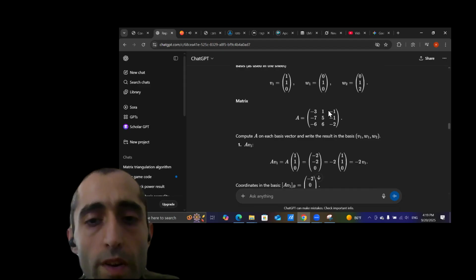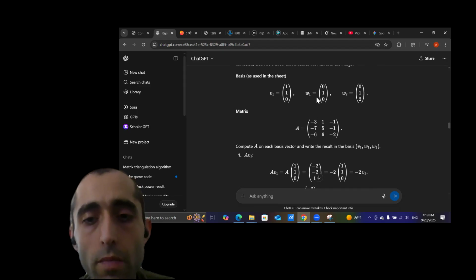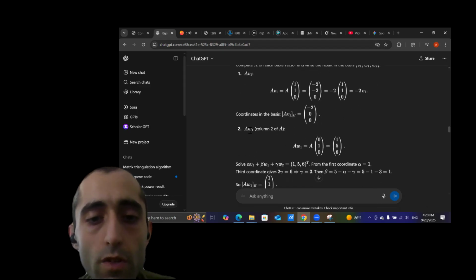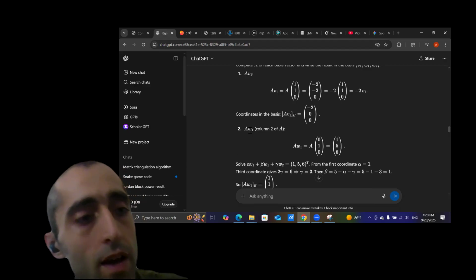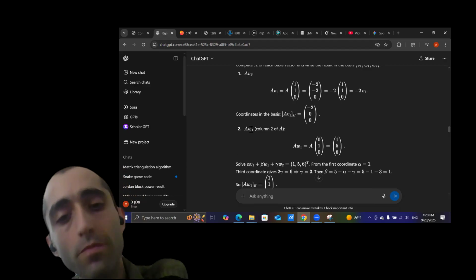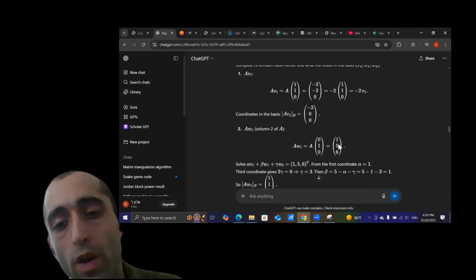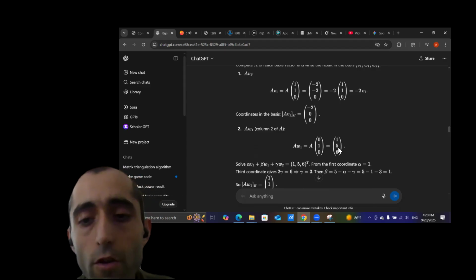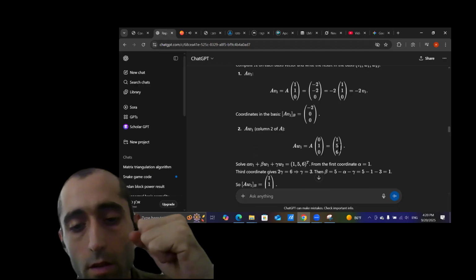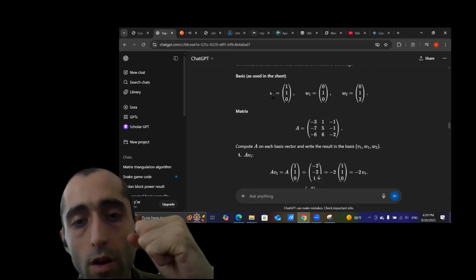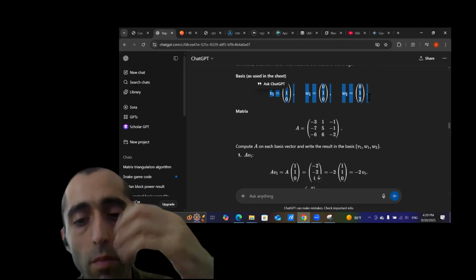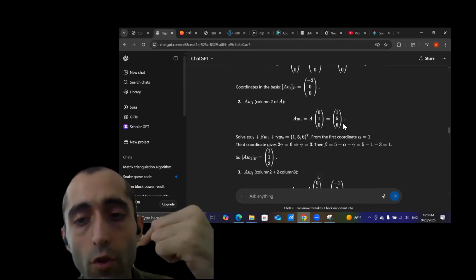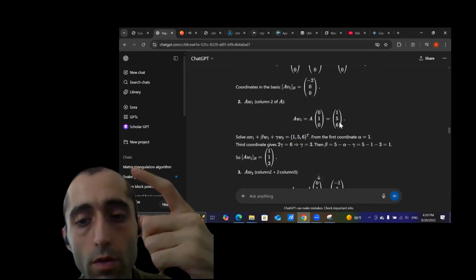We continue. We take the second vector in the base we want to get to, which is W1, and we multiply A by this vector. By multiplication, we get 1, 5, 6. Now we want to ask ourselves, what are the coefficients of the linear combination of the vectors of the base that gives you this result?